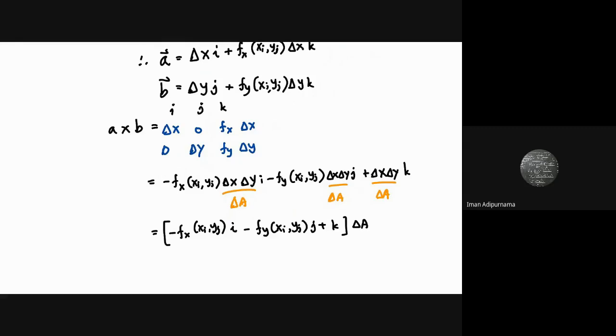Okay, we have these equations now. Let's continue. After we cross these two vectors, A cross B, this is the result.